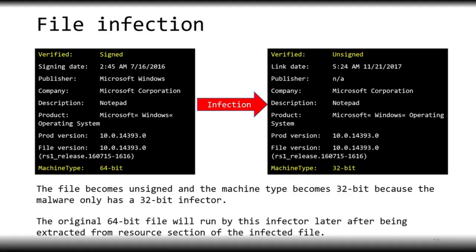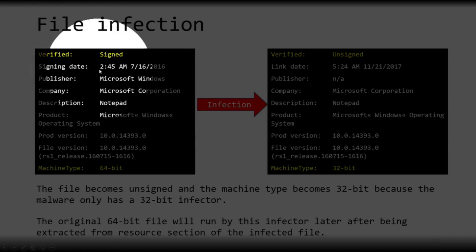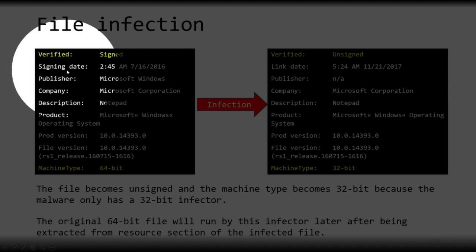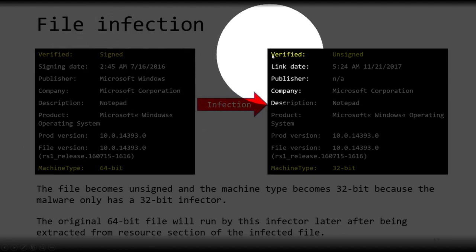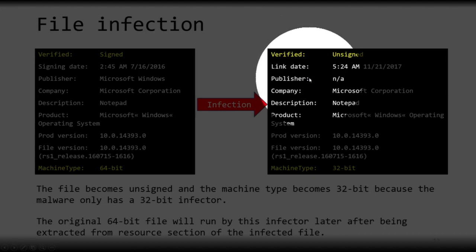When this file infection is happening, the file properties change. If we try to infect Notepad, for example, the signature was originally signed, but it becomes unsigned because they cannot replicate this certificate information apparently.